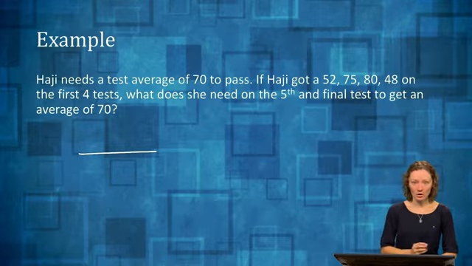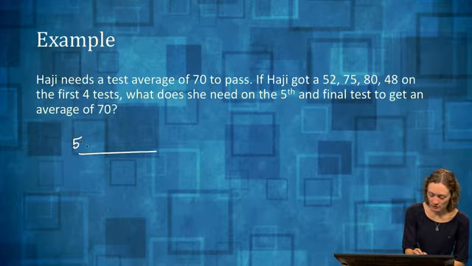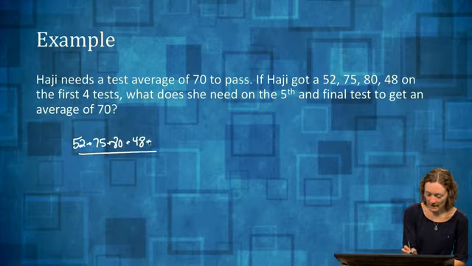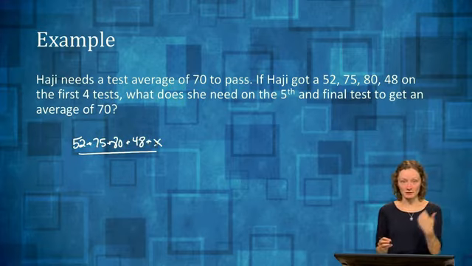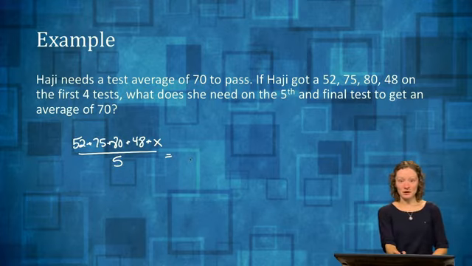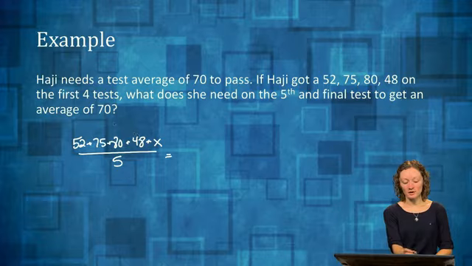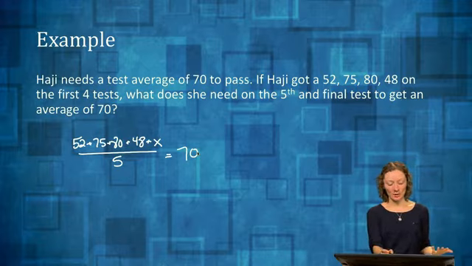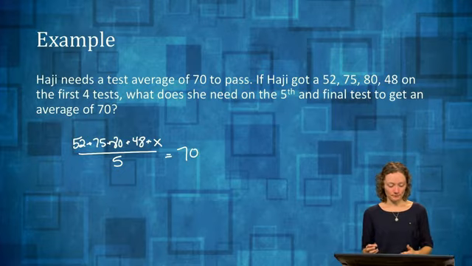You would add up all of the tests that she has, 52, 75, 80, 48, and the 5th test we don't know, and you would divide by the number of data points, so 5. And that would tell you the average. Well, what we know here is that she wants an average of 70. So you've set up the equation and then basically solve.